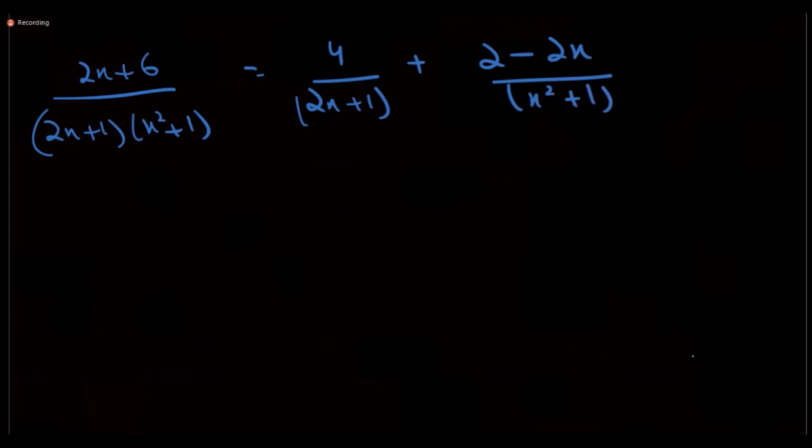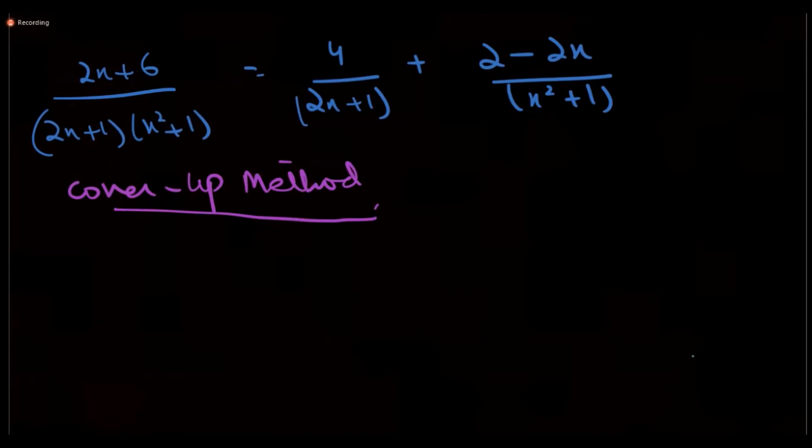Now going further, we will be looking at another method known as the cover-up method. Now what happens in the cover-up method? We plug in different values. For example, take (x − 2) over (x + 3)(x − 4).